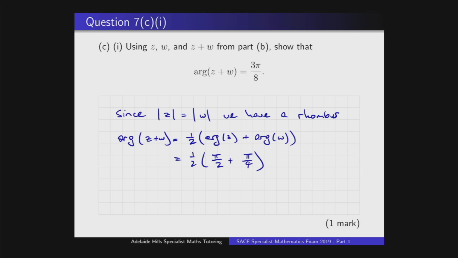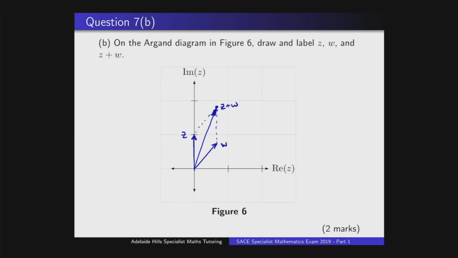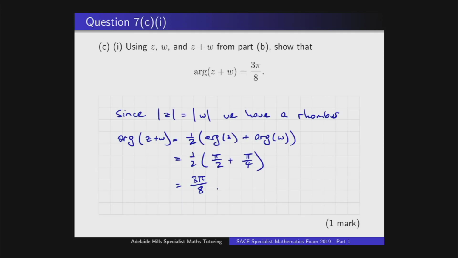When you add pi over 2 and pi over 4 together, you get 3 pi on 4, and then when you divide that by 2, you get 3 pi on 8. It basically comes down to the fact that if you look back at this Argand diagram, this angle here and this angle here are equal. That diagonal z plus w is bisecting those two angles, so you can take the average of those two angles to give you the argument of z plus w.